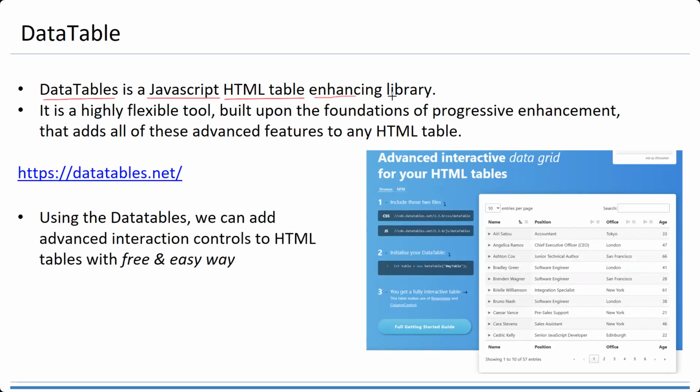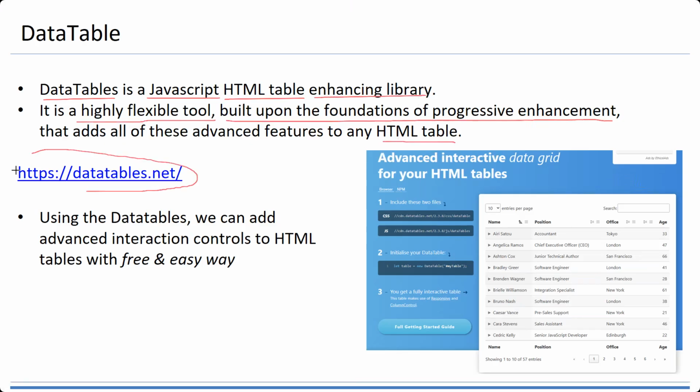You can have a lot of libraries, a lot of styles, and a lot of classes that you can leverage for this table. It is a highly flexible tool built upon the foundations of progressive enhancement. It means every feature of an HTML table you can use in these data tables.